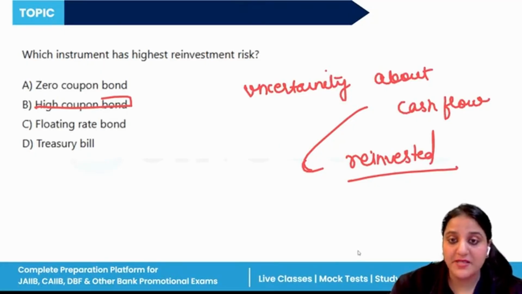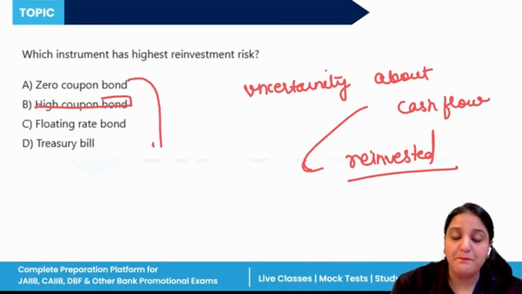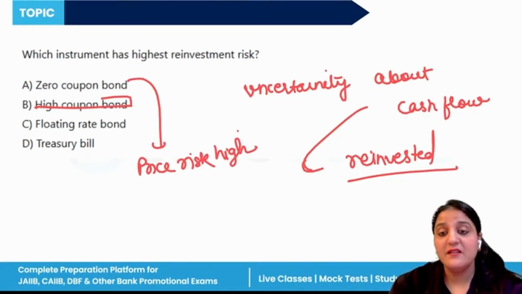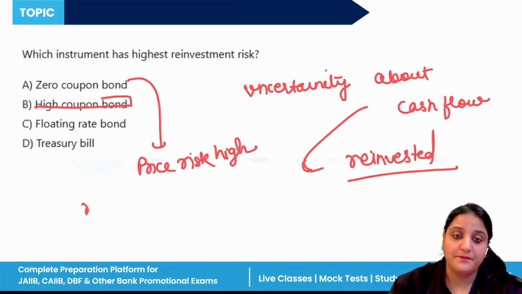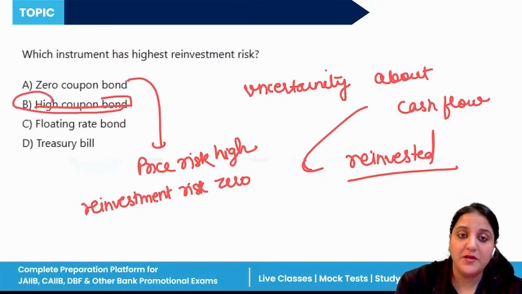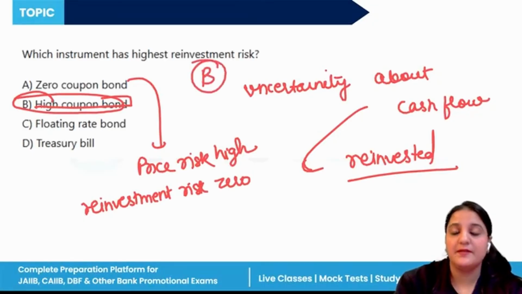So zero coupon means price risk is high here and reinvestment risk is zero. So that is the high coupon bond. Option B is correct.